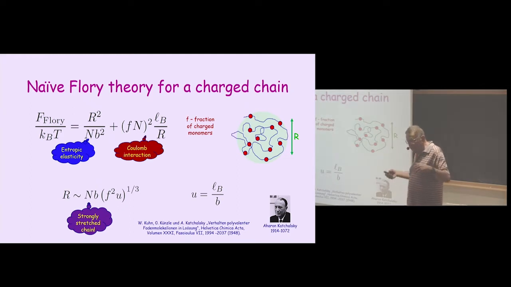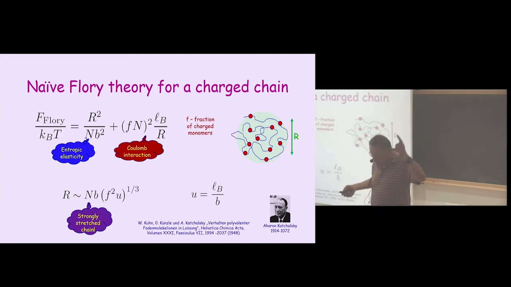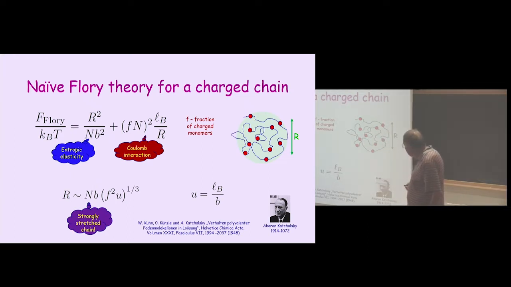You have to balance elastic energy with interactions, and interactions you cannot write as the square of concentration. We learned that already. So your interaction will be Coulomb interaction. So it's charge squared, Bjerrum length divided by r.